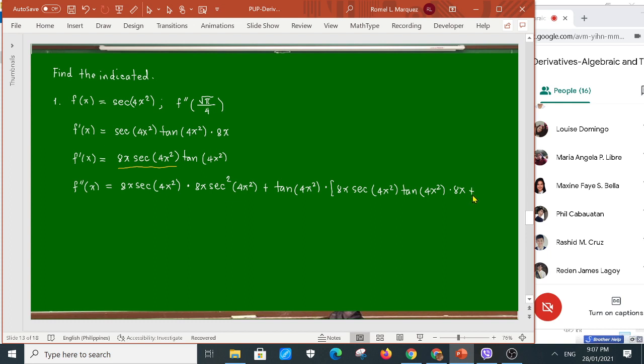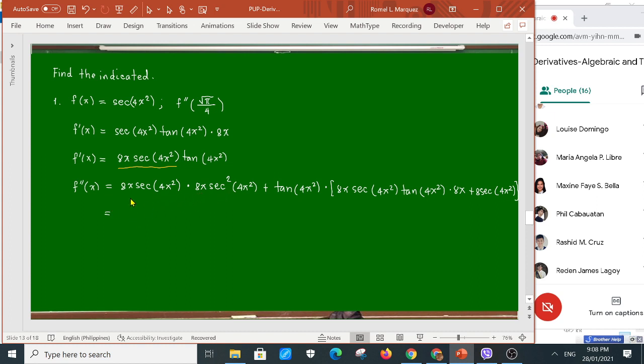Okay? Plus the second, secant squared of 4x squared, derivative ng 8x, 8. Yan. Ang haba. Then, simplify.